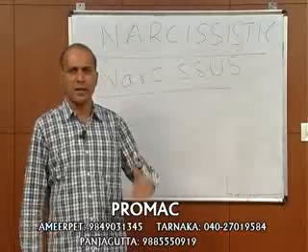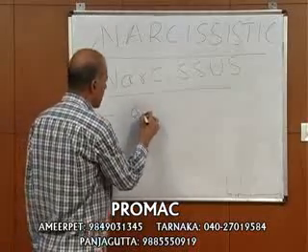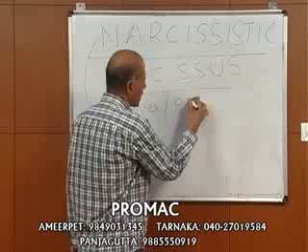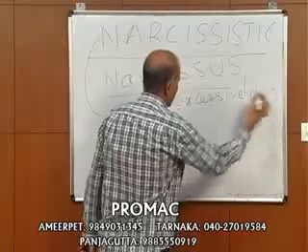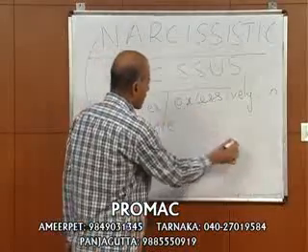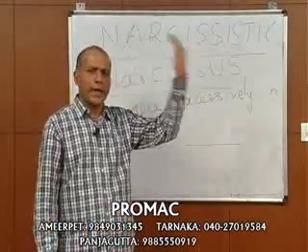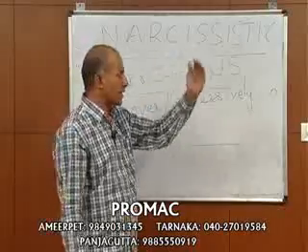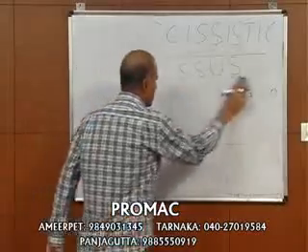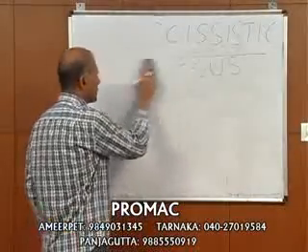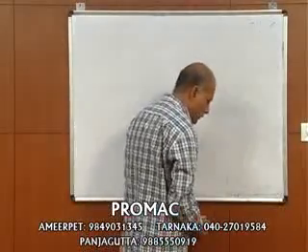So when we say a person is narcissistic, he is over or excessively in love with himself, his own beauty, his own abilities, capabilities or talents. Over or excessively in love with your own beauty, talent, abilities or achievements.